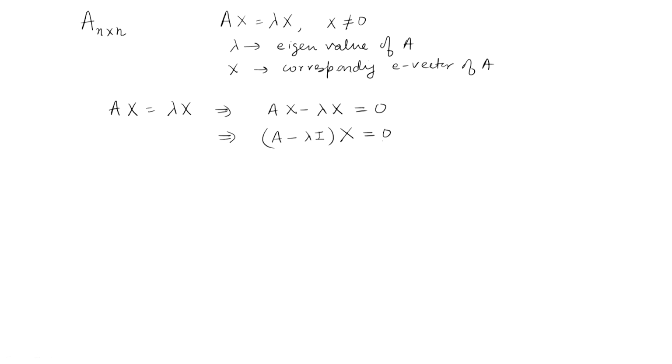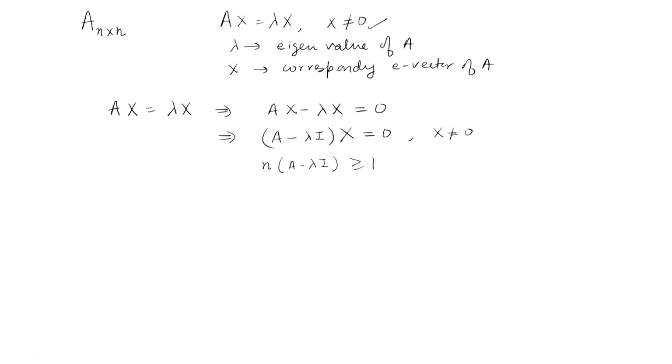Okay. Now since x is not equal to 0, as we already defined in the definition, this means if we take A minus lambda I as a linear operator T, then Tx equal to 0 and x is not equal to 0, that means the null space, the nullity of this matrix or this operator is greater than or equal to 1.